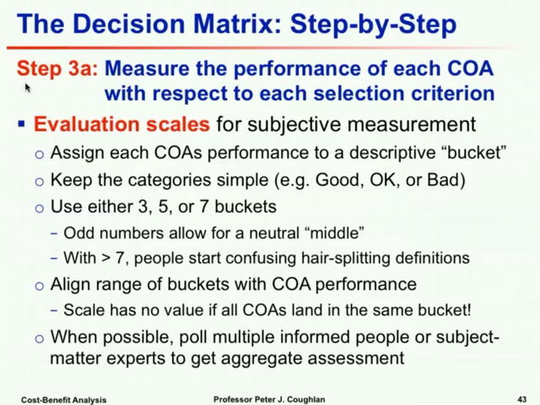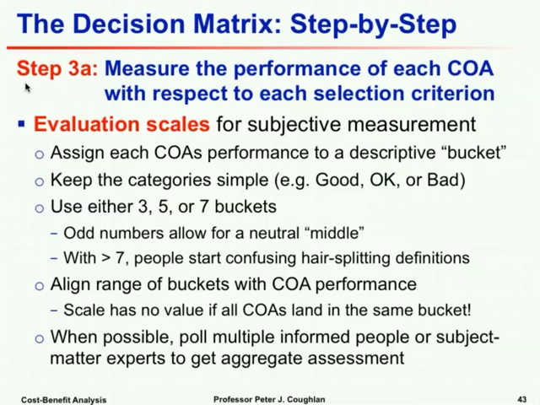A good idea is to use either 3, 5, or 7 buckets, because odd numbers allow for a neutral middle. Sometimes people are not sure whether something is a little bit above average or a little bit below average. If you don't give the option of choosing the middle, it can create a problem if they really think the performance is right down the middle. So you want to make sure there is a middle option.